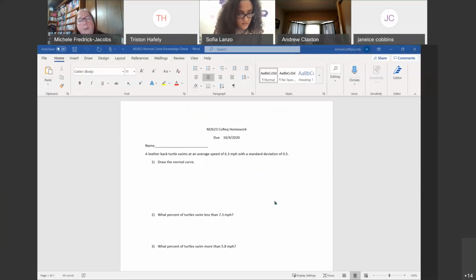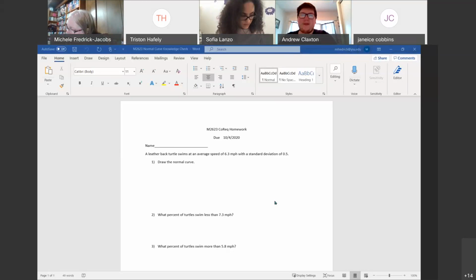So you want to draw your normal curve and use the percents I gave you from the previous problem. Your mean goes in the middle, and then go 3 units each way. Go ahead and try it. I'm going to write the questions down, so then I'll go to my paper after.